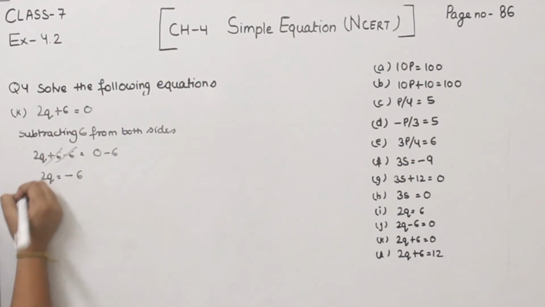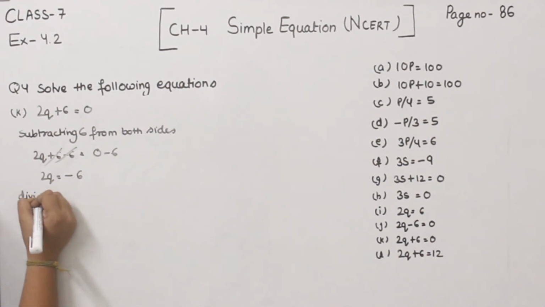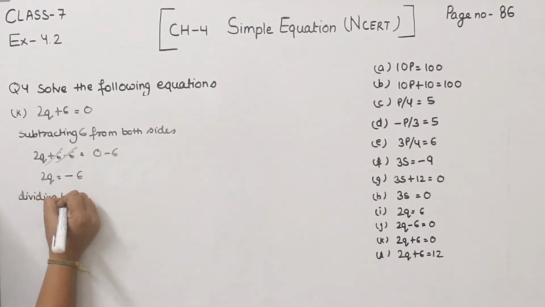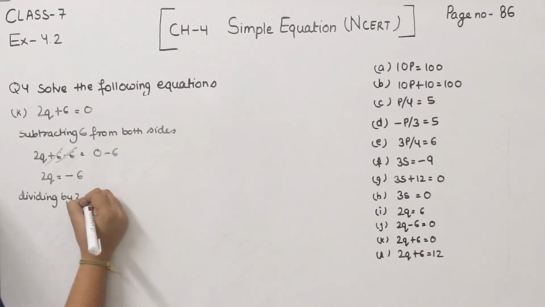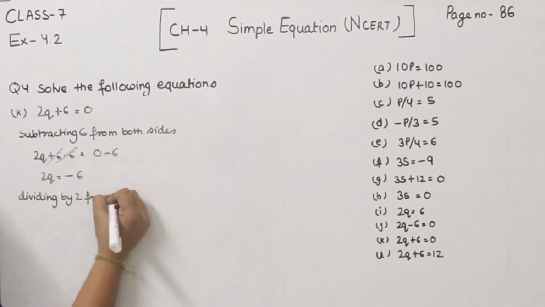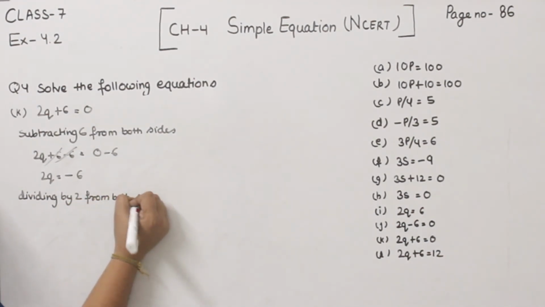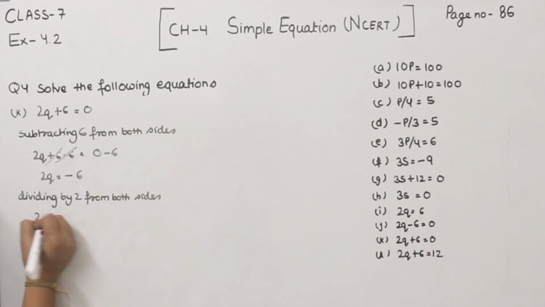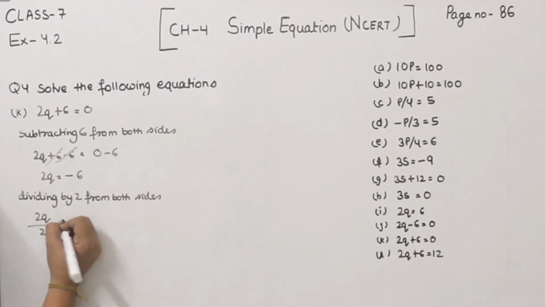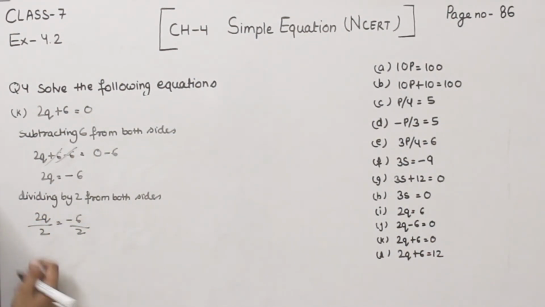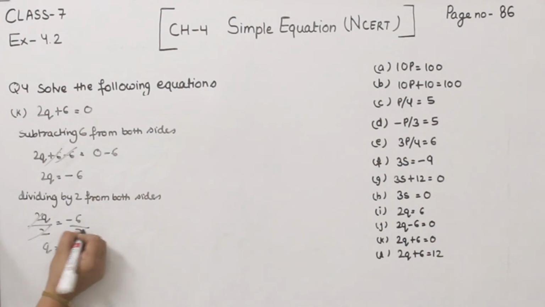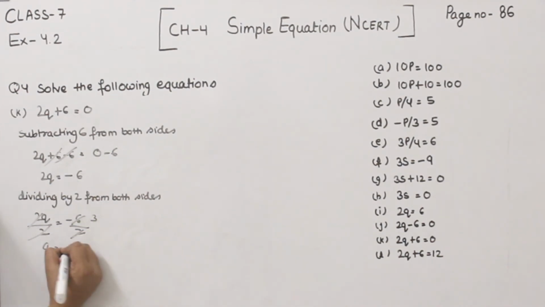Now we will divide it by 2. Dividing by 2 from both sides. Now 2q divided by 2 and minus 6 divided by 2. Now q is equal to 2 3s are 6, minus 3. So this is the part K.